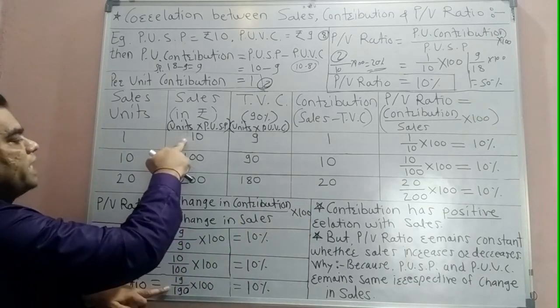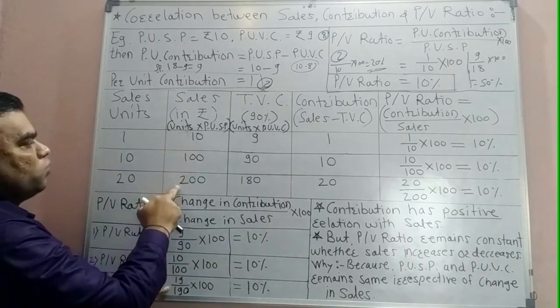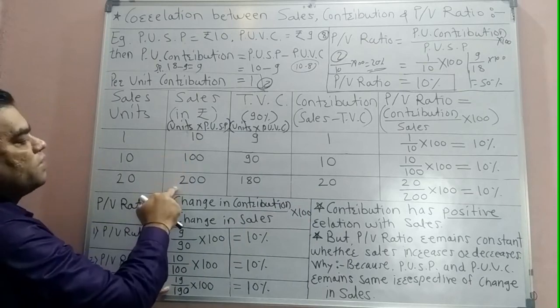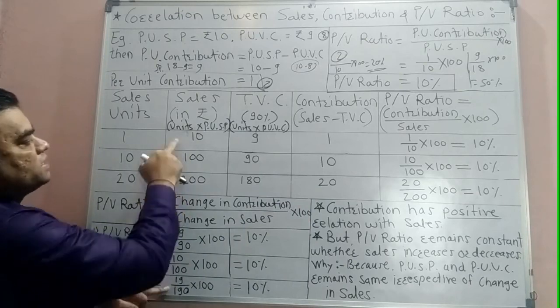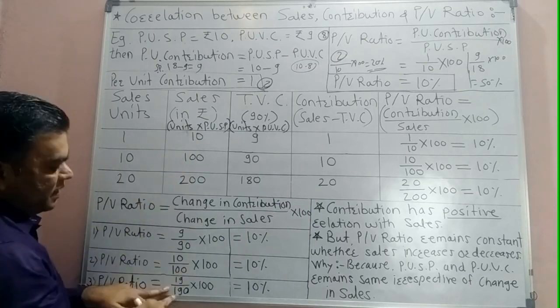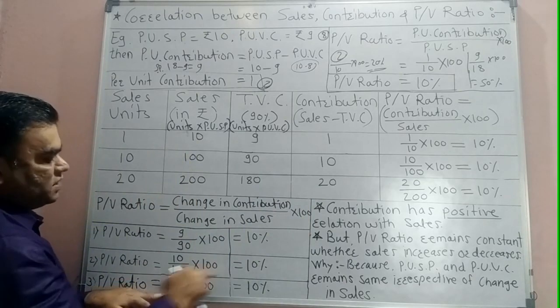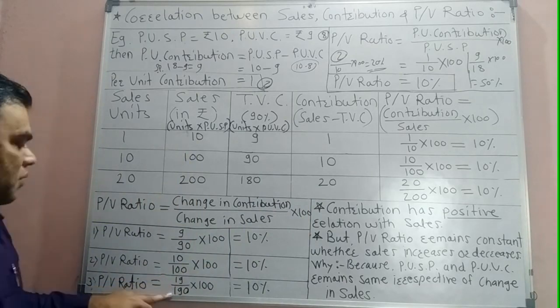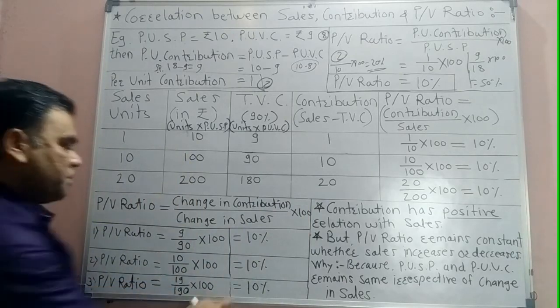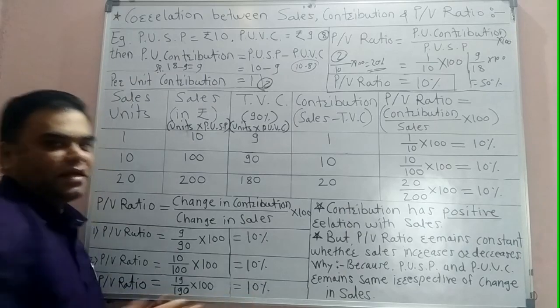Sales was 10, it was increased to 200. It is increased by rupees 190 or changed by rupees 190. That's why we have taken 190 change in sales. 19 upon 190 into 100. So PV ratio became 10%.